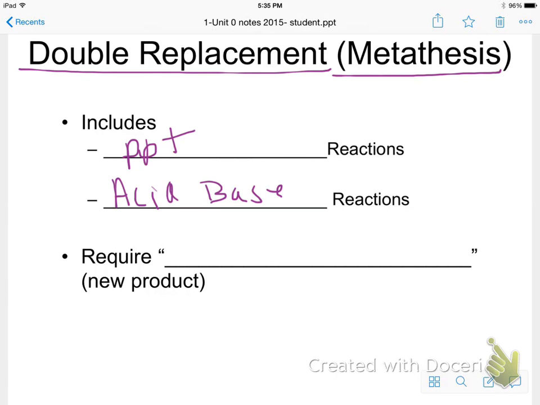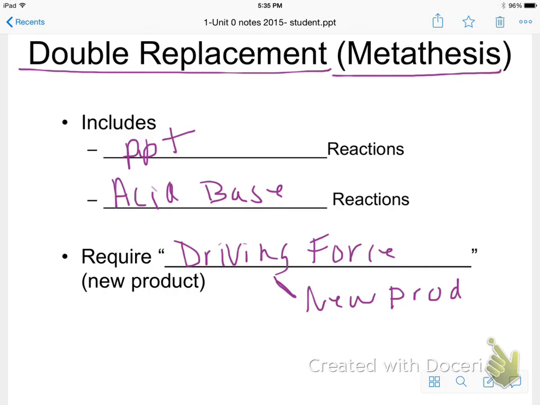And all products require some driving force. So what's a driving force? Well, a driving force is something that's a new product. In order for a reaction to occur, the definition of a reaction occurring means that something new was created, a new compound, a new element that was not there in the beginning.